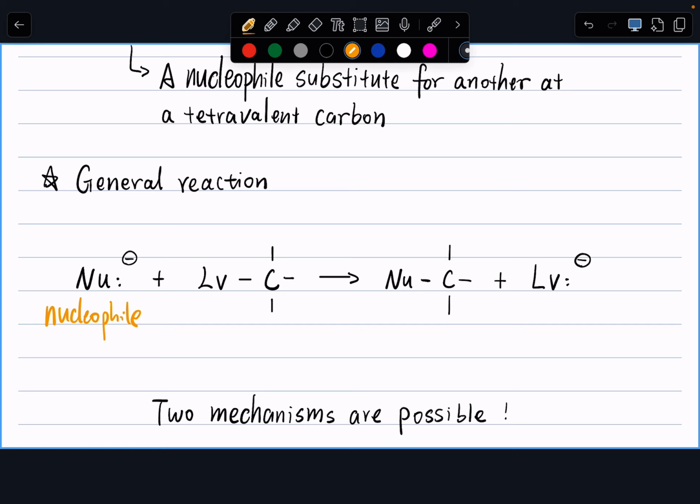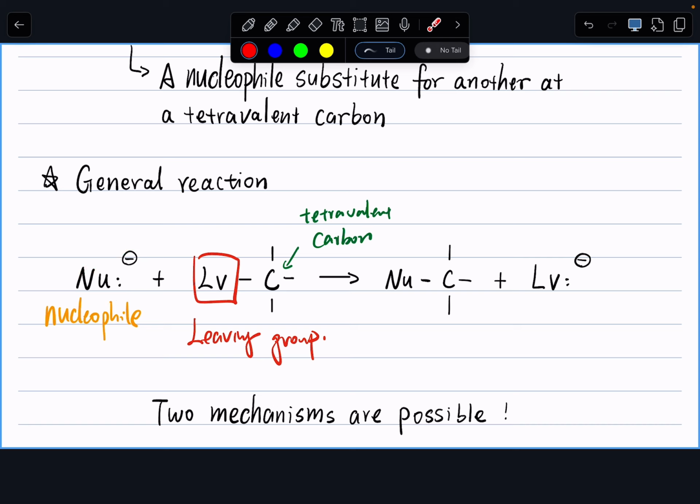And then we have a tetravalent carbon, a carbon with 4 groups, and a leaving group. In this general reaction, the nucleophile replaces the leaving group on the tetravalent carbon to form another tetravalent carbon, and then your leaving group leaves.